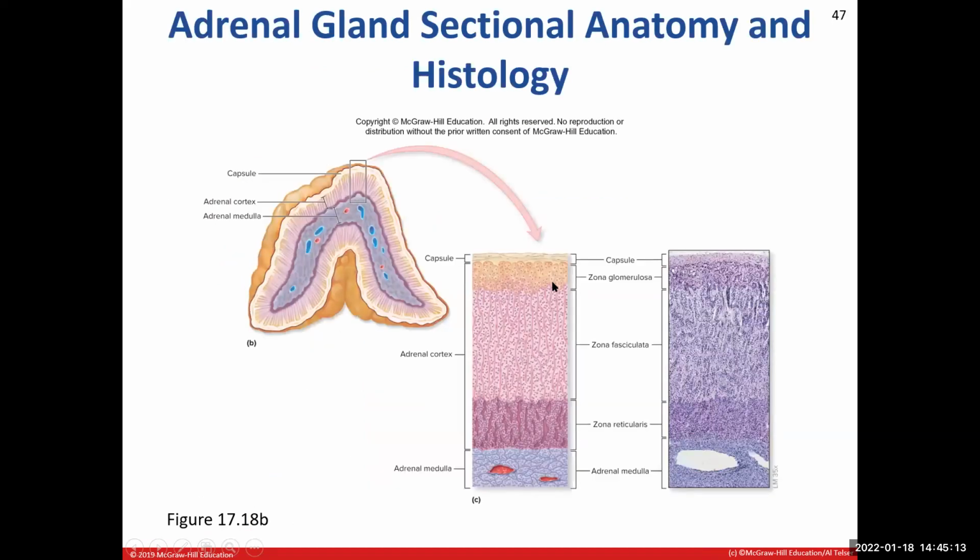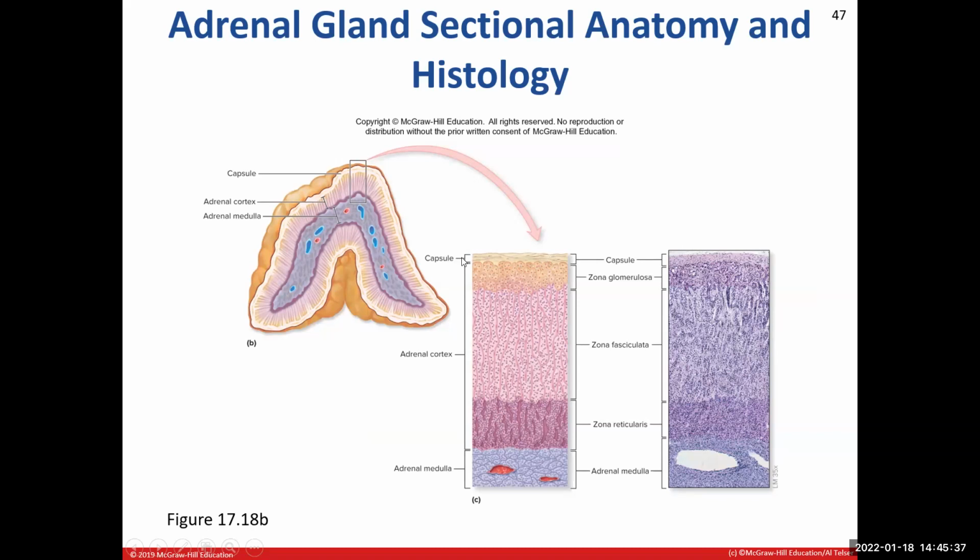So now you can see here's our adrenal gland. You've got the two regions: the adrenal medulla is at the center, and then the adrenal cortex is on the superficial part, on the outer portion. When we look at the adrenal cortex, we see the three zones to it. Here's the capsule.